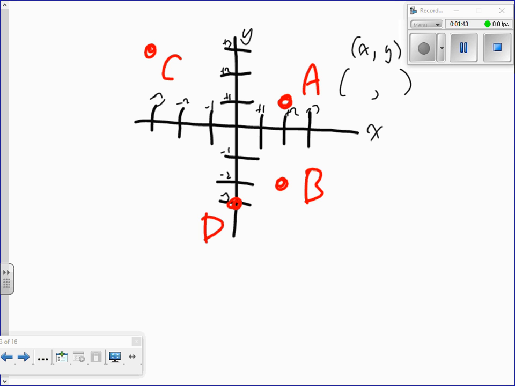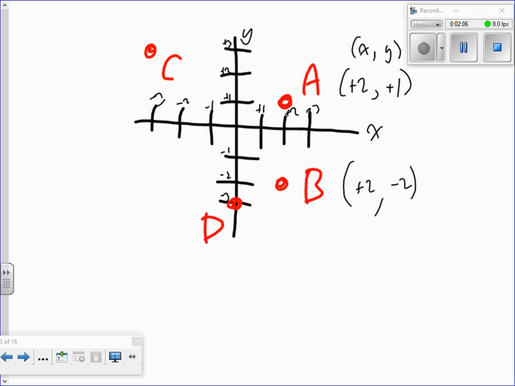So A is located above the positive 2 on the x-axis, so therefore it is a positive 2 on the x, and it is located right of the positive 1. So A's location is positive 2, positive 1. B's ordered pair is underneath the positive 2 on the x-axis and right of the negative 2 on the y-axis.